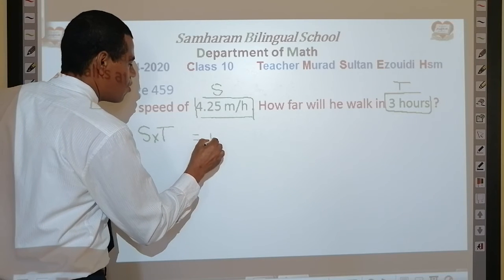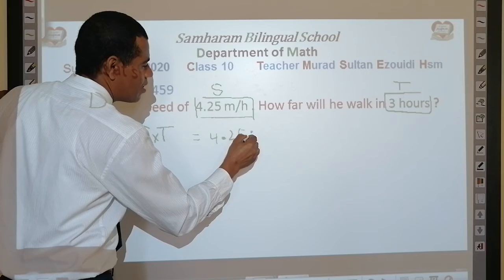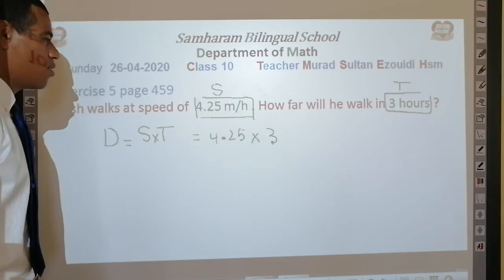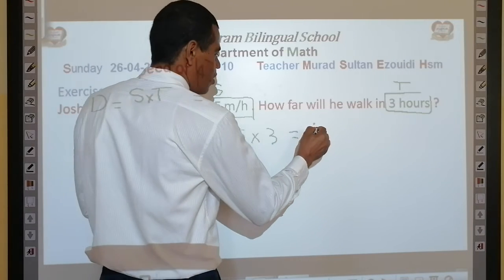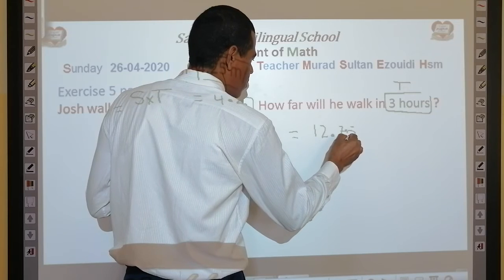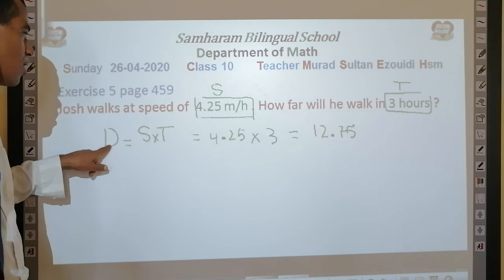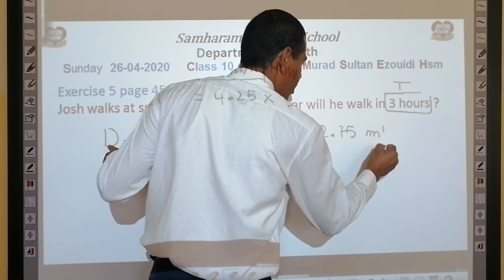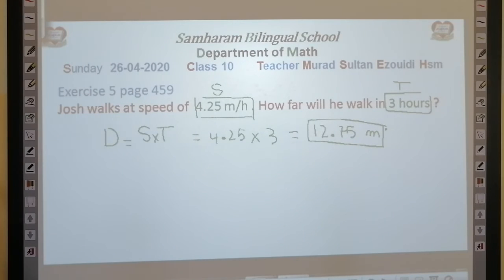It will be 4.25 multiplied by 3 hours. Okay, so it will be 12.75. What is the unit? The distance traveled will be meter, my learners. So it will be 12.75 meter. Okay?